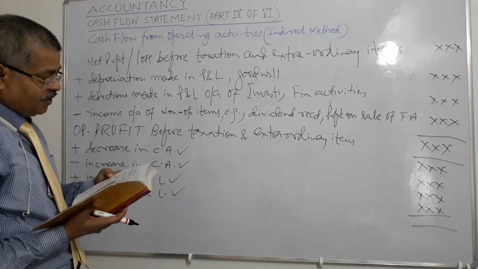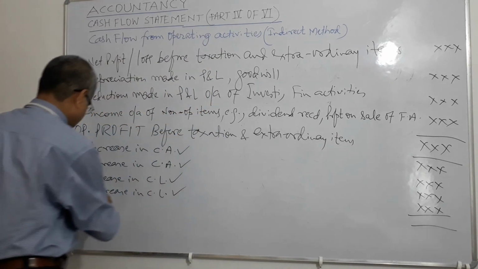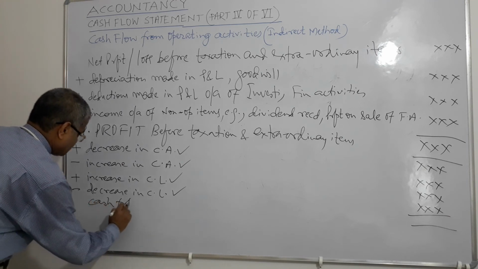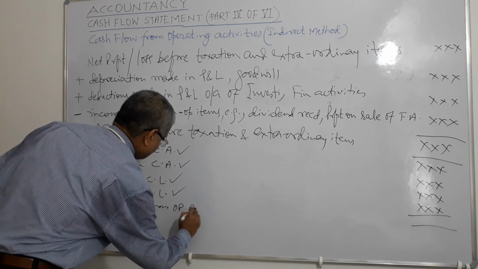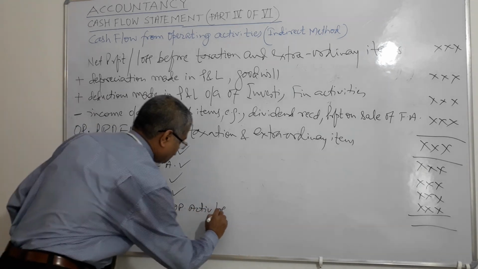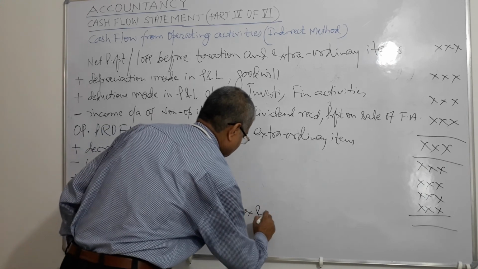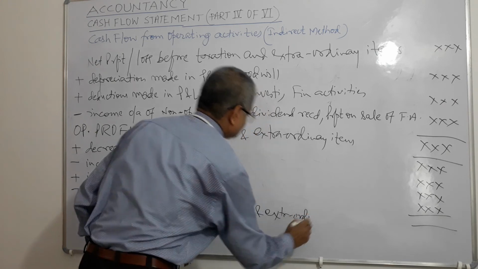After that, we get cash flow from operating activity before taxation and extraordinary items, right?